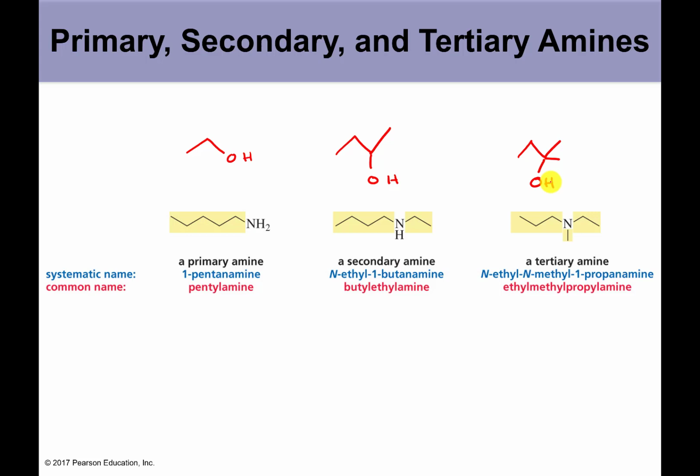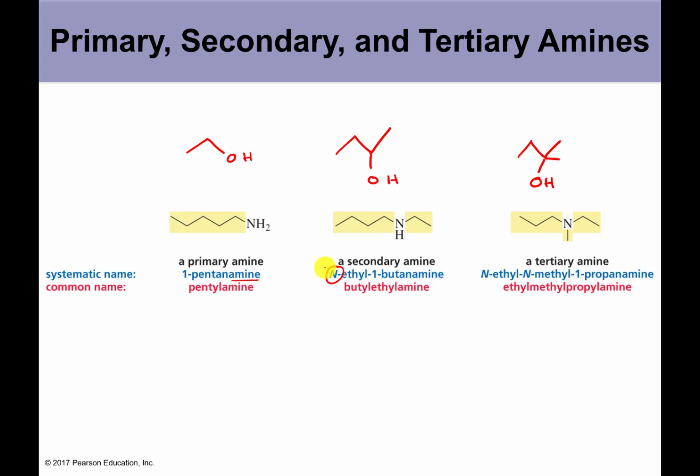Now, the nomenclature should be familiar to you. All you do is say pentane, and then you replace the E with the word amine. So this is N-ethyl. Remember, in an N-ethyl, the N is acting as the locant, the position of the alkyl group on the nitrogen.